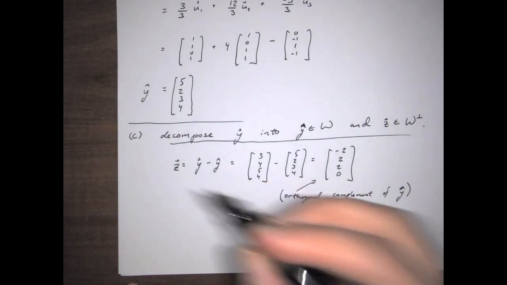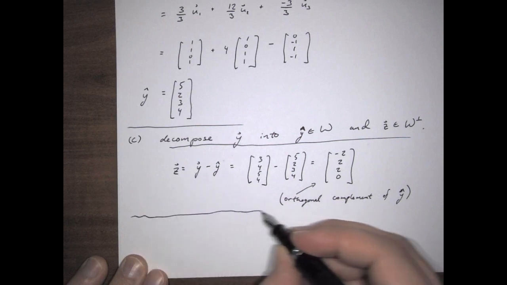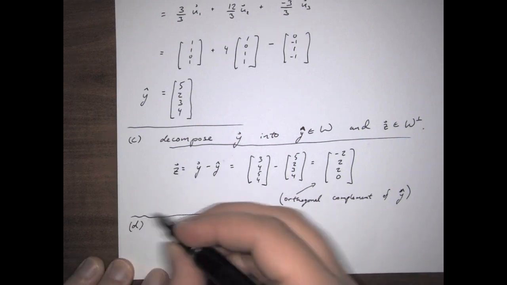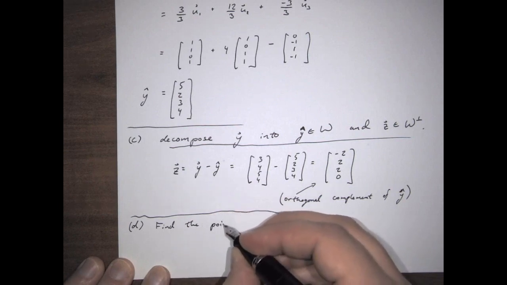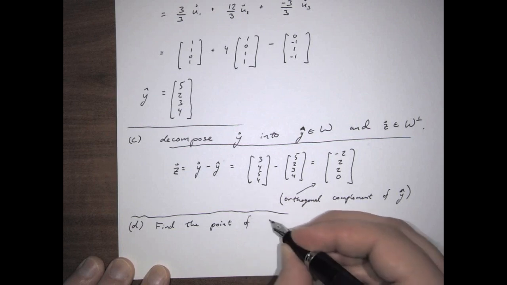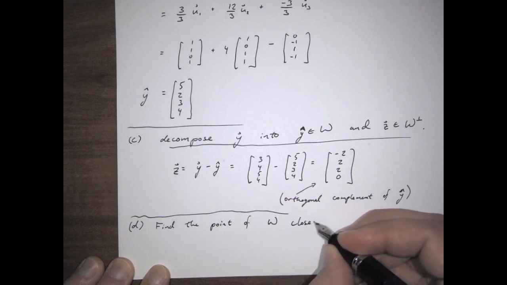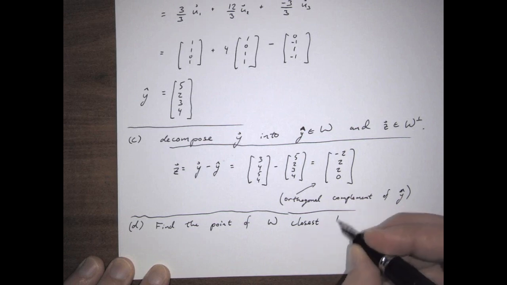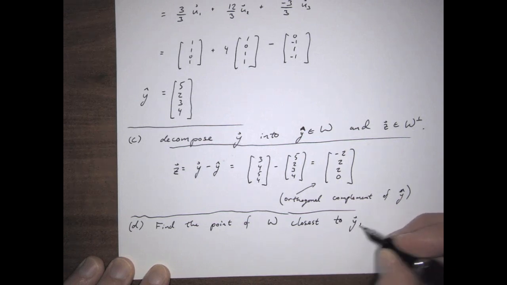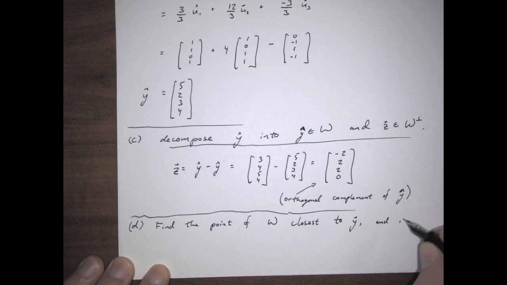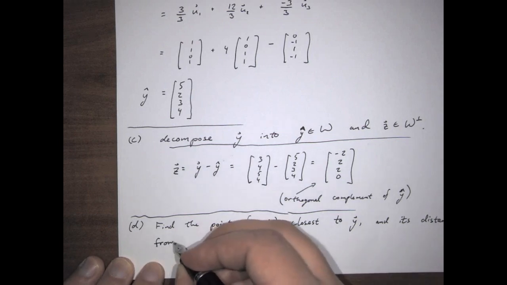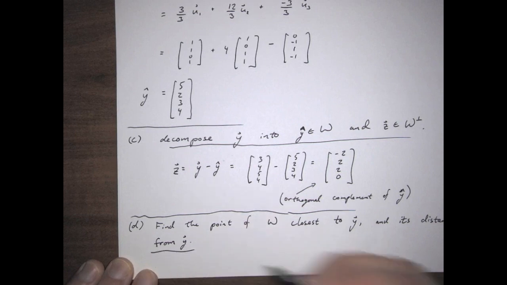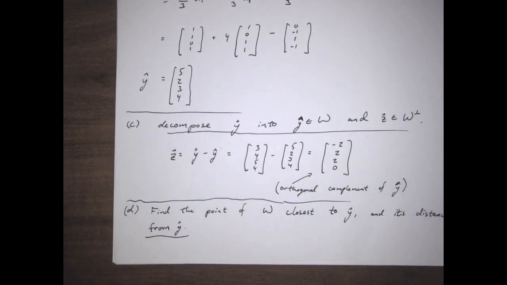Okay, now for the last part here, D, find the point of W closest to Y and its distance from Y. Alright, well, we actually already pretty much have this.